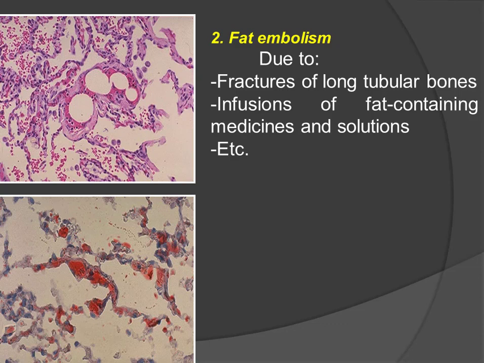Massive fat embolism results in acute respiratory failure. Special staining methods of histological slides of the lungs show the presence of fat droplets in the capillaries of the intra-alveolar septa. Less severe fat embolism usually has a favorable prognosis.